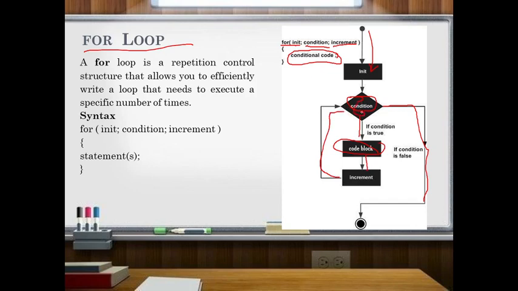If true, it repeats until it becomes false. If the condition is false, it comes out of the loop. Here init means initialization, then condition, and increment. Either increment or decrement can be used, and the set of statements will be executed.